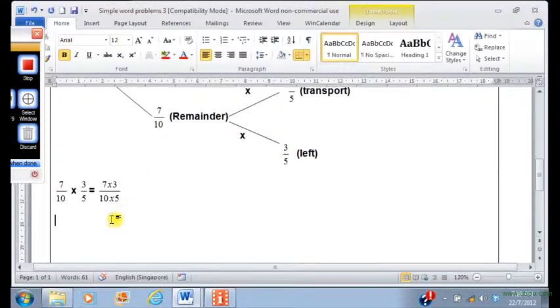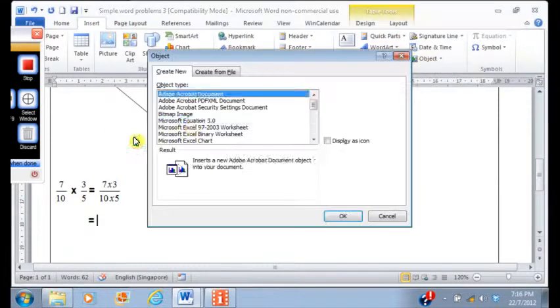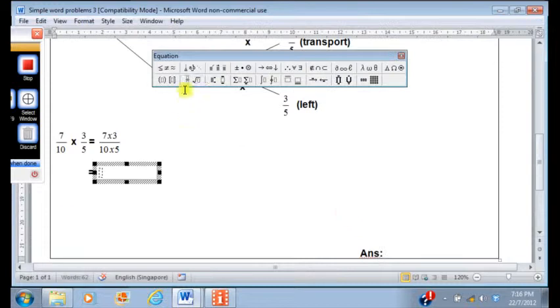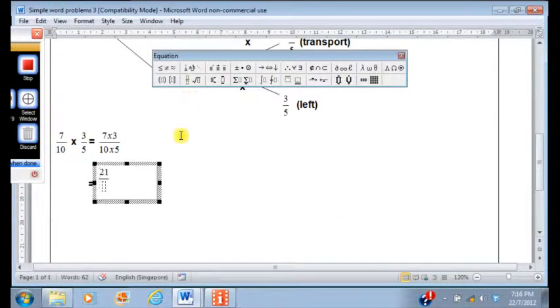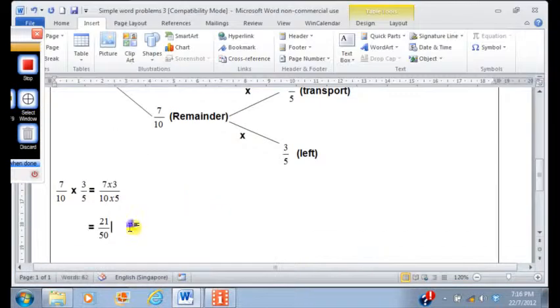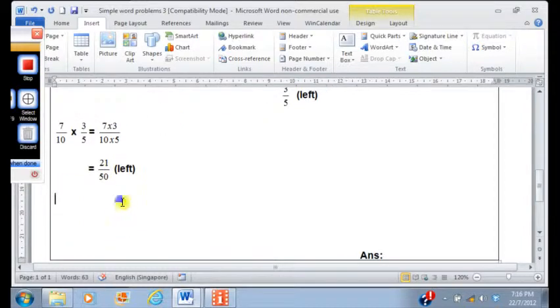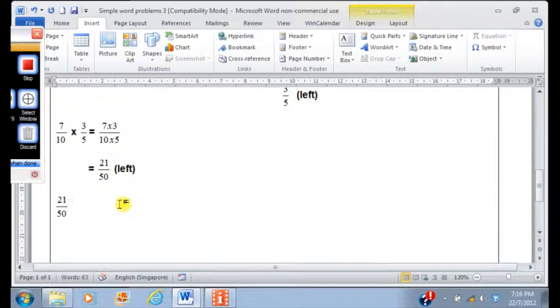This equals 21 over 50. This is the amount he had left, which is a fraction of the total. So 21 out of 50 will be $63.